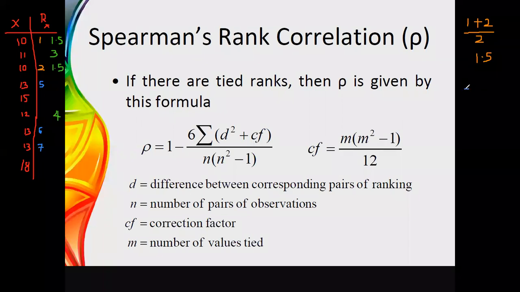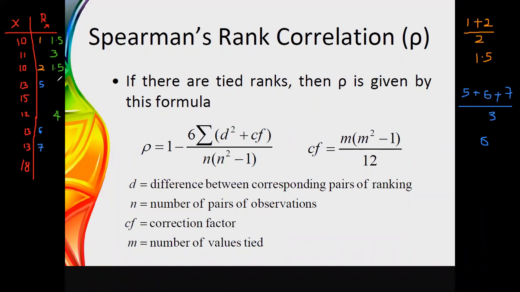Therefore, again we have to take the average of these three values: 5 plus 6 plus 7 divided by 3. If you do this calculation, you end up with 18 divided by 3, which is equal to 6. Instead of using 5 or 6 or 7, you can simply take this value as 6.